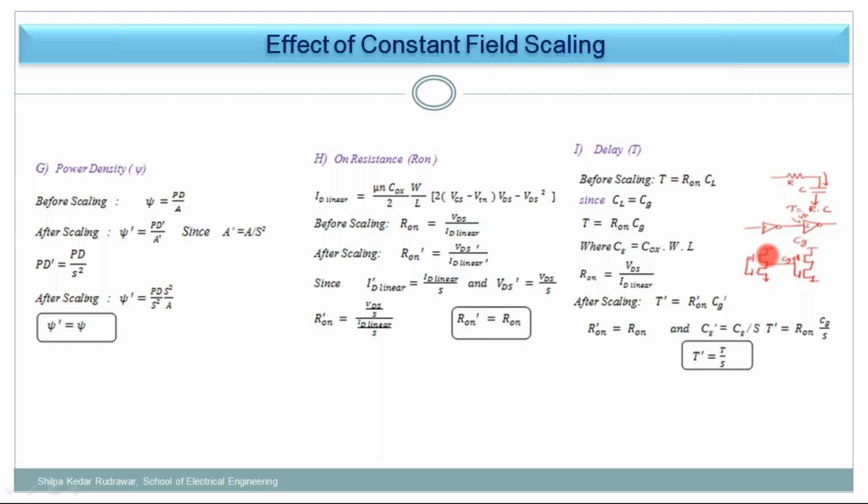So can I say output capacitance of this is nothing but input capacitance of this? So I can say CL is nothing but CG. Is it clear? We are connecting load capacitance over here to have a load. But as we have connected this another inverter over here, we can say my gate capacitance is acting as a load capacitance to this first inverter.